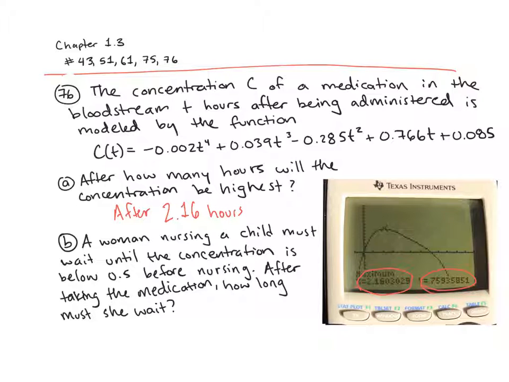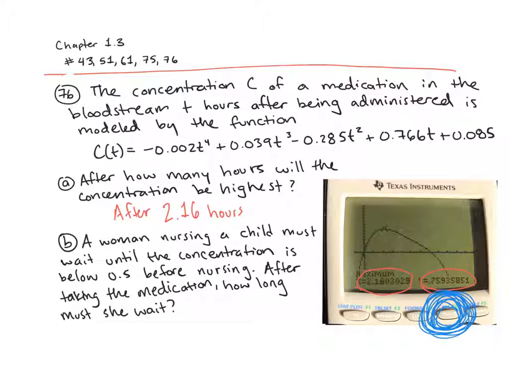So what you can do is hit the trace button right here, and then just use your arrows to scooch down until you see Y drop below 0.5. Very, very technical.